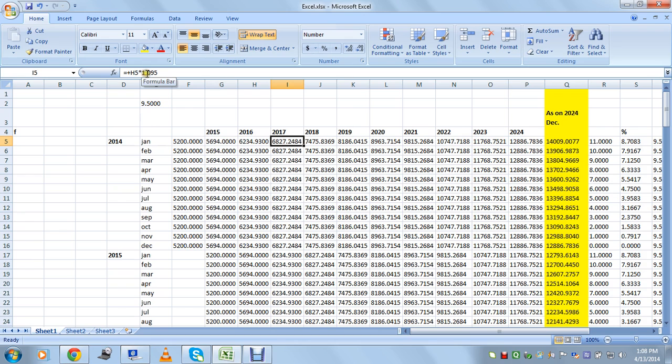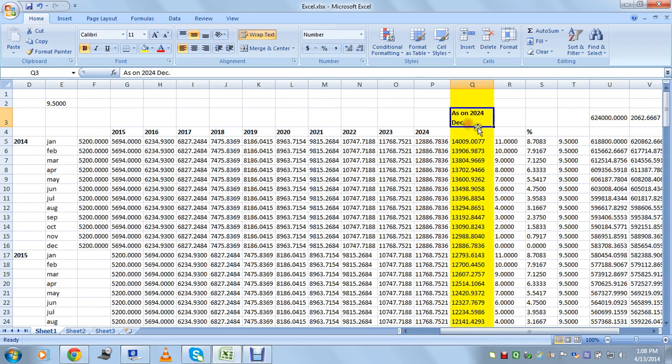It gets multiplied by 1.095 every January, and this is the year 2024. In January 2024, after being multiplied 10 times by 1.095, the 5,200 rupees which you had invested in January 2014 turns out to be 12,886 point this much.